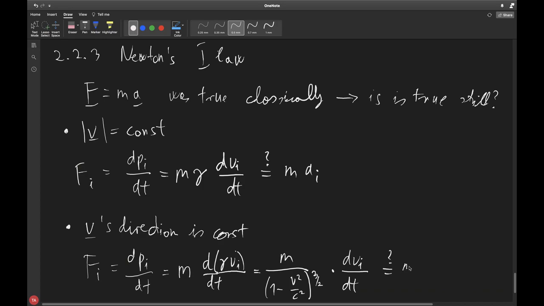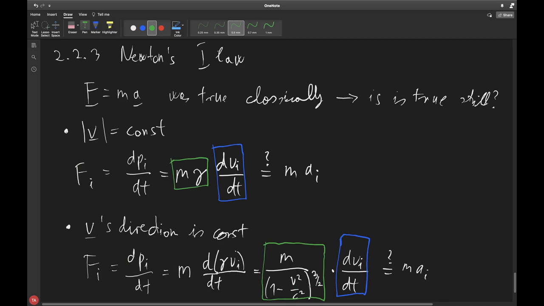So is this the same as ma? We have a term here, which is the derivative of the velocity, and we have the same derivative of the velocity here. However, if you look at the coefficient in front of it, this is m gamma cubed here. This is not m gamma here.